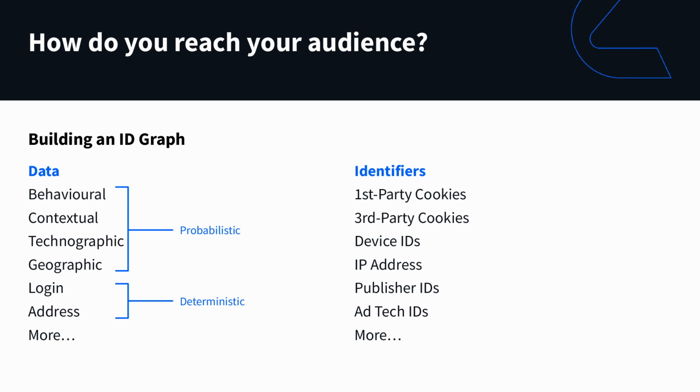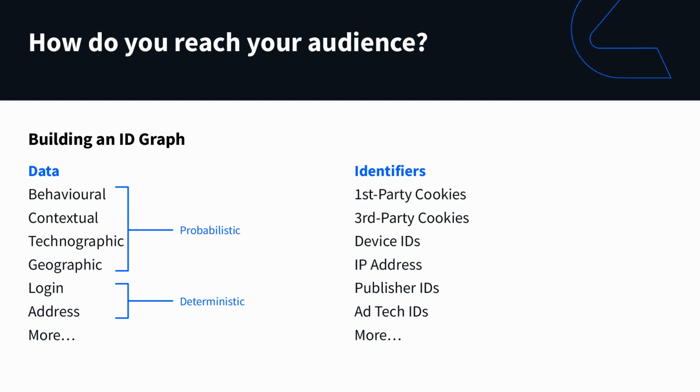Once we've started to identify and define the audience, how do we reach this audience? In programmatic, you have the advantage of what David called micro-targeting capabilities. You really can hone in on your target audience through very specific criteria. But how does technology allow for that granular targeting? Well, it's through these identifiers on this chart. On the left, you can see audience defining data that is available to you to leverage.